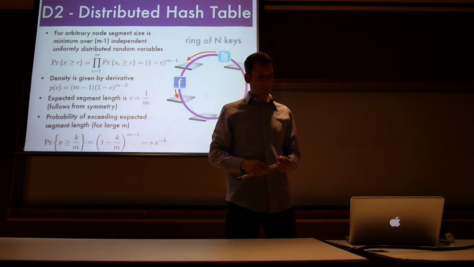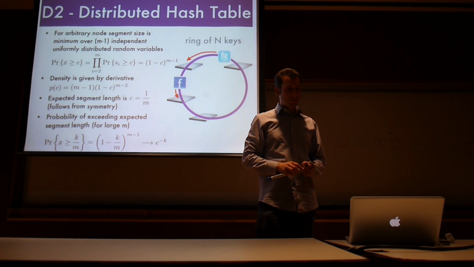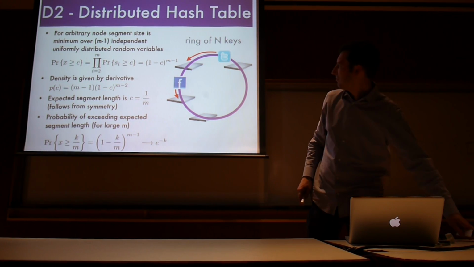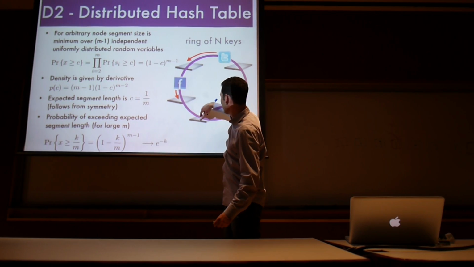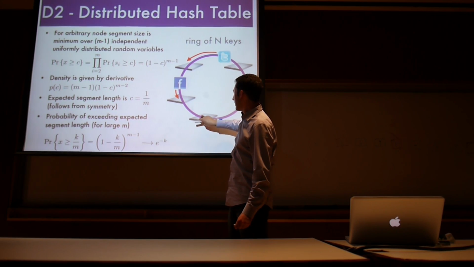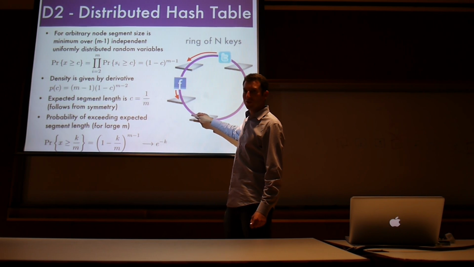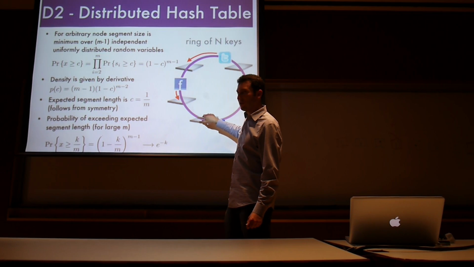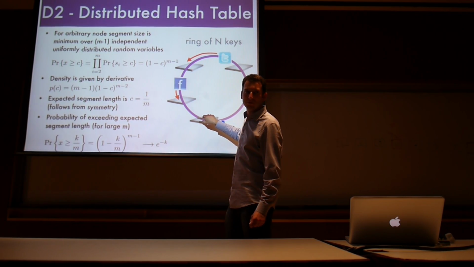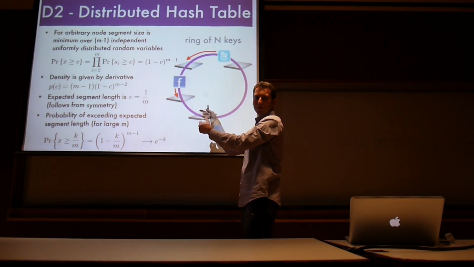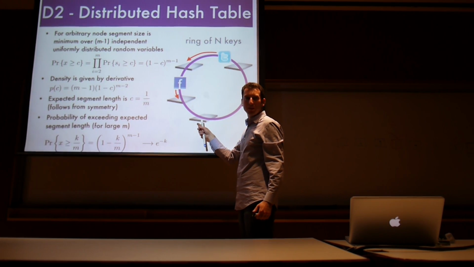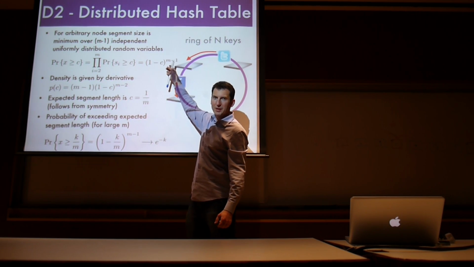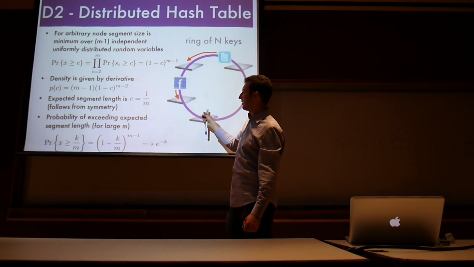So the first thing to think about is, well, if we want to know the size of a particular segment, let's say this segment here. Well, without loss of generality, we can pick any machine and we just define the hash of that machine to be 0, because we can always just rotate the ring and set this to be 0. So now we basically have n-1 machines that we can randomly assign over that ring.